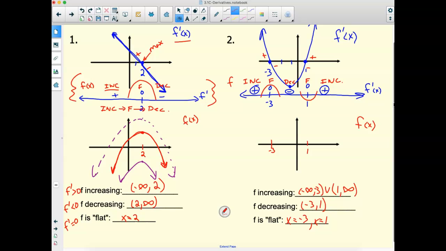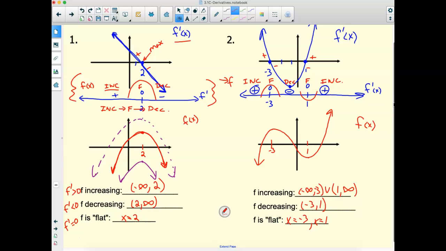So here's my flats. Now I know at this -3, looking at my derivative line here, and I have my regular f interpretation written in red above that, I know somewhere I'm going to have a maximum at -3, or x equals -3. I'm going to have a minimum at 1. Okay, so somehow I just need to connect these, and I'm going to increase to flat, decrease to flat, and increase again.